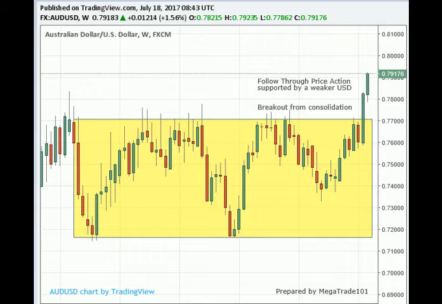Following the chart, July 18, 2017 already shows a breakout from the consolidation, which we had made mention of in our last market view analysis dated July 7, with a follow-through price action supported by a weaker US dollar decline.